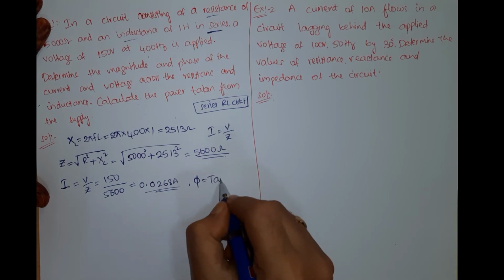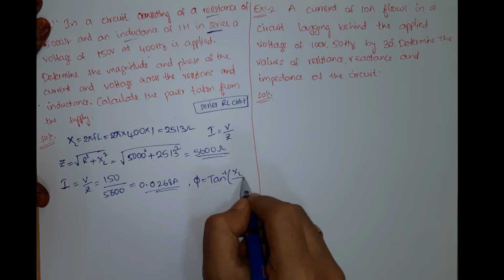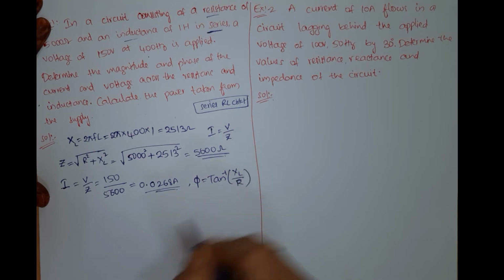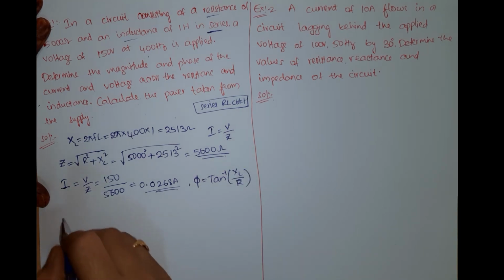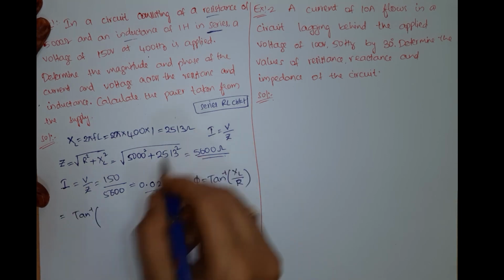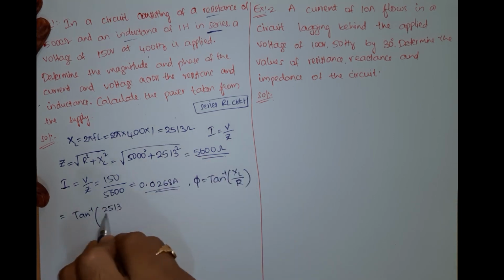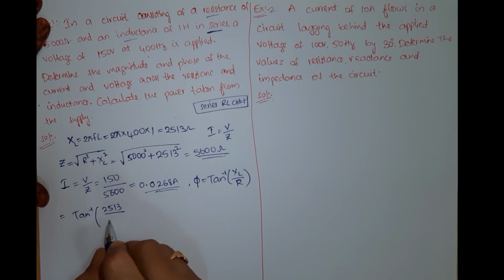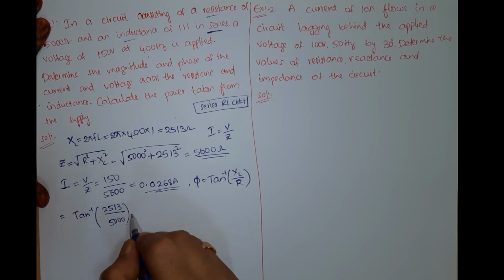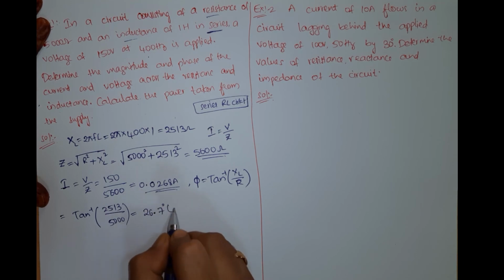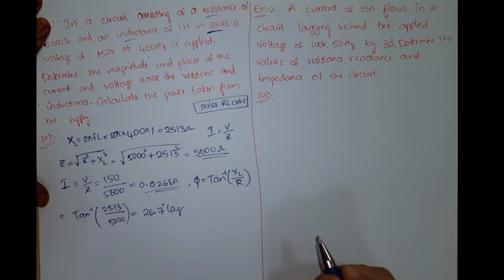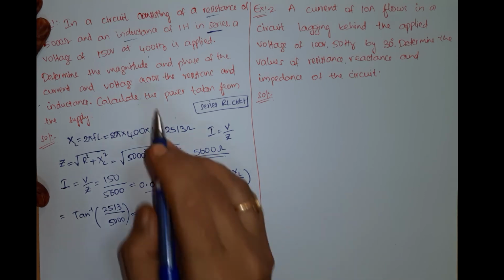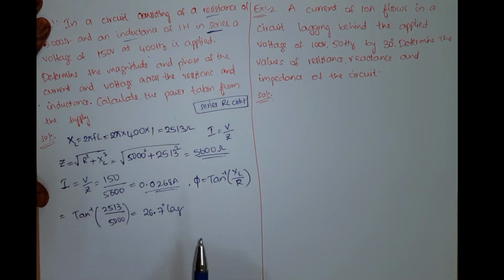So we can find it out by tan inverse XL by R, as we have seen earlier. So if you substitute it, tan inverse of 2513 by R, which is 5000, you will be getting 26.7 degrees lag. Fine. Now magnitude and phase of current is over.